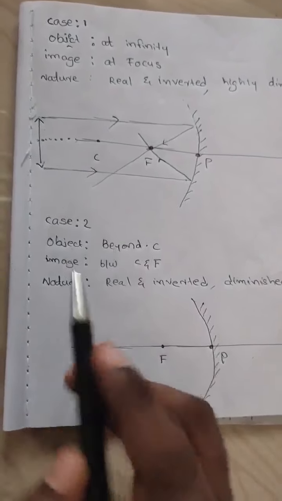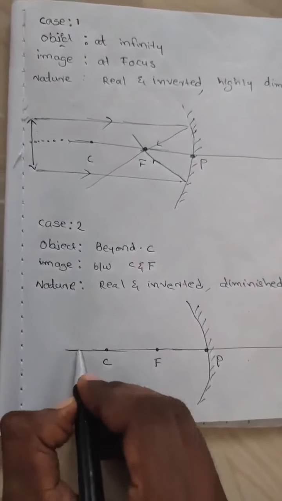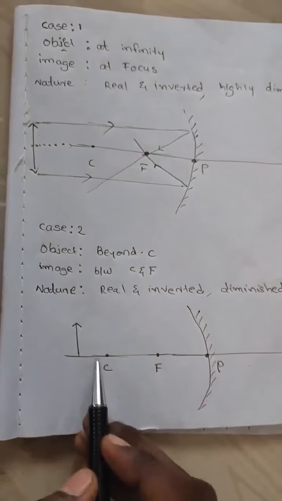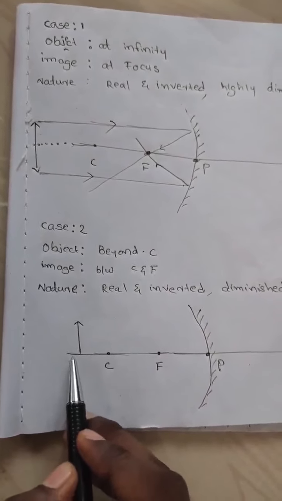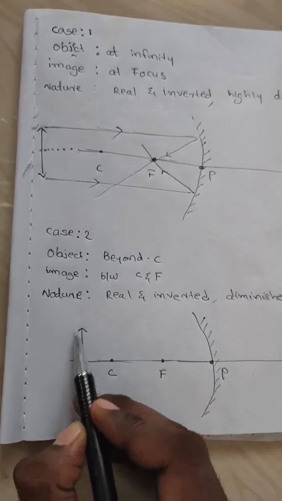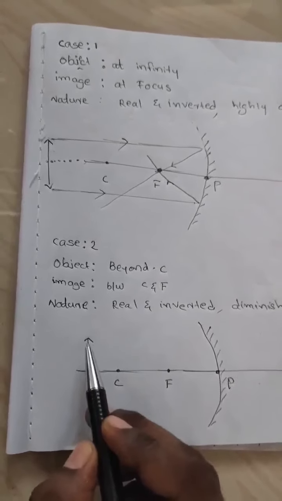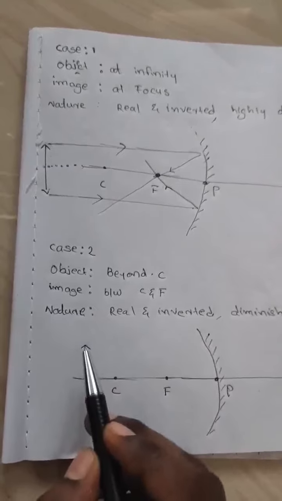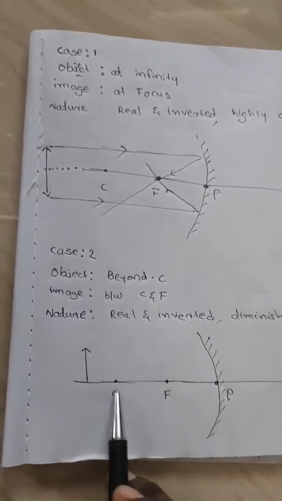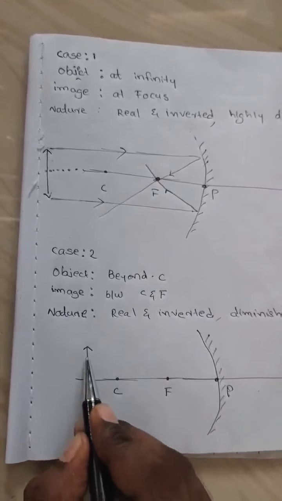Beyond C. So I am placing an object beyond C. So this is my object beyond C, and this object is upright. This arrow is pointing in the upward direction, that means it is standing in an upright position. Now the image is formed between C and F. Now to form the image, I am using two rays from this object.